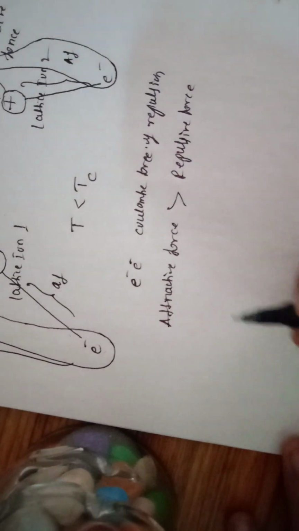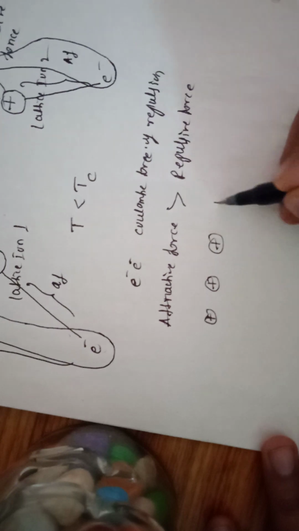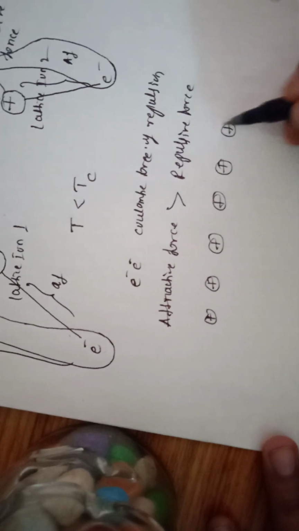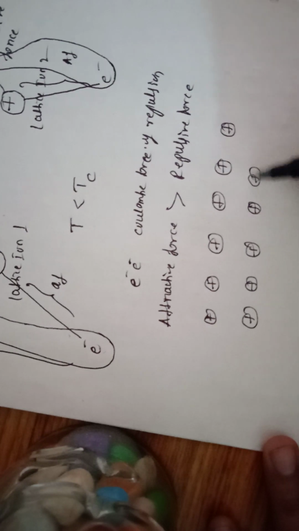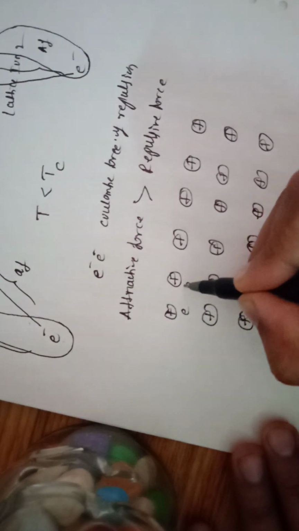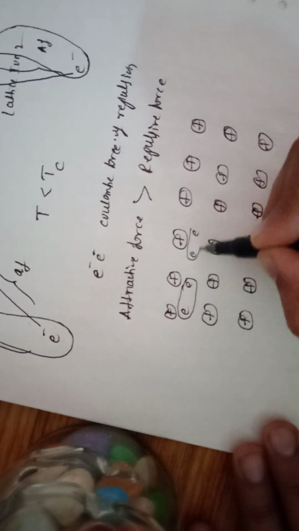So pictorially we can represent it. These are the lattice ions in the three-dimensional case, drawn like this. These are the positive ions. So the electron is here, and they are paired. This is extended for the three-dimensional case.